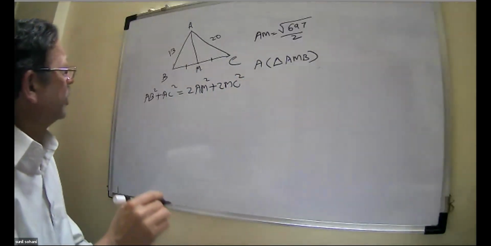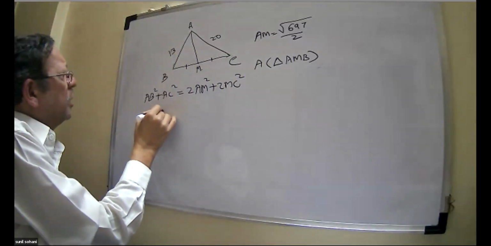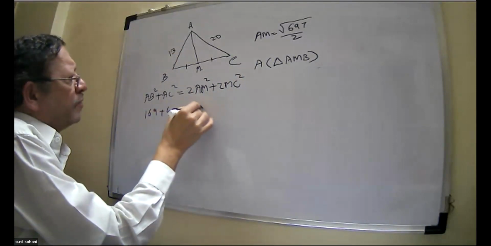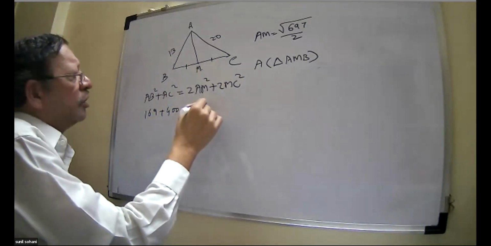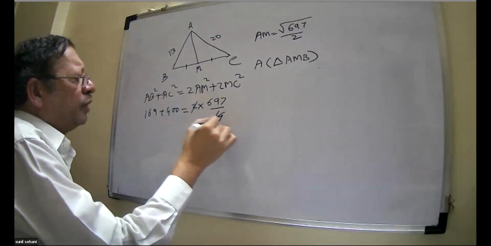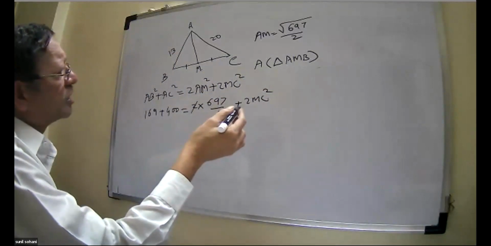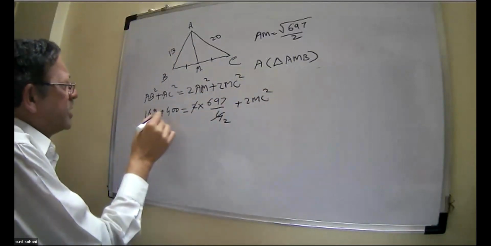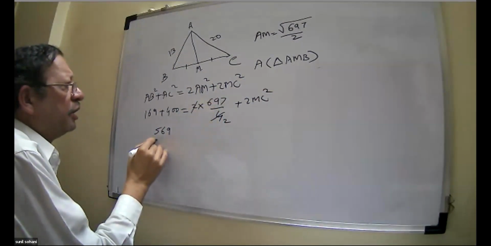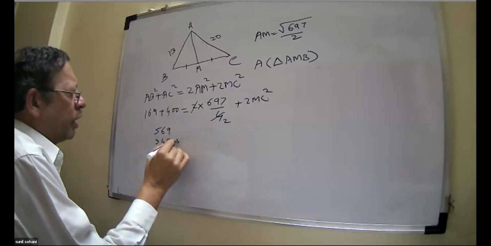Now we have some values here: AB square is 13 square, 169, AC square is 20 square, 400, and 2 times AM square, where AM square is 697 upon 4. So 4 will get cancelled out, and 2MC square. So from here we can get the distance MC. It is 569 minus half of 697, which will be 348.5.